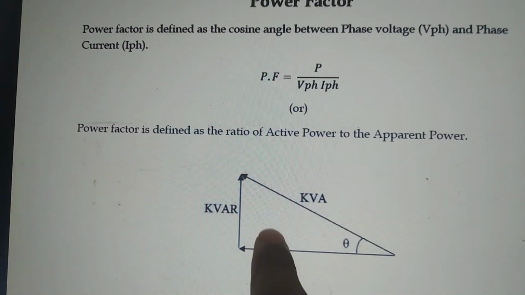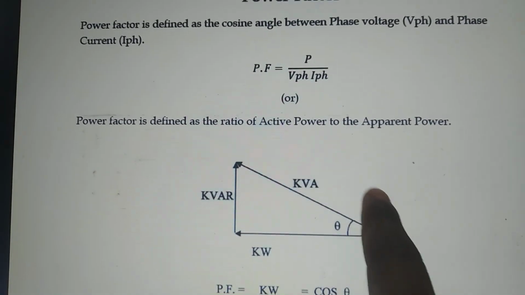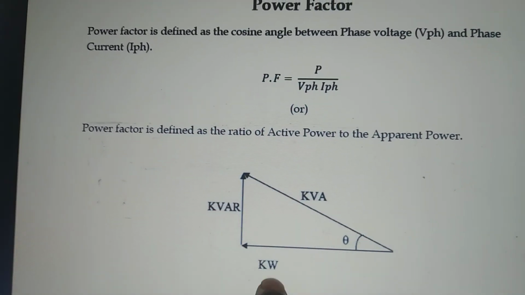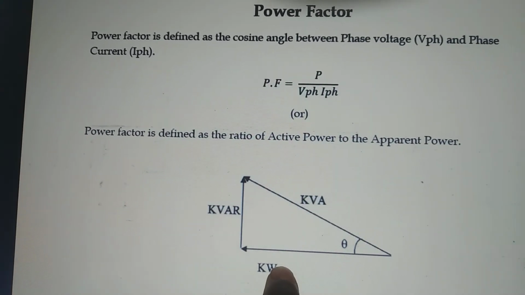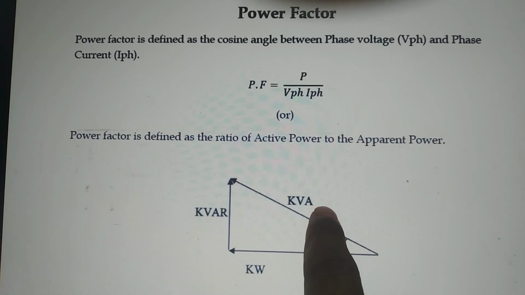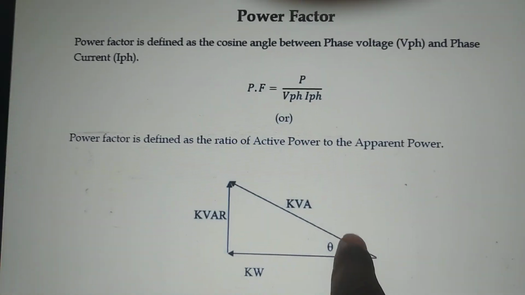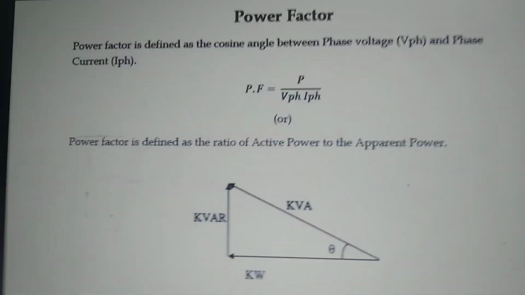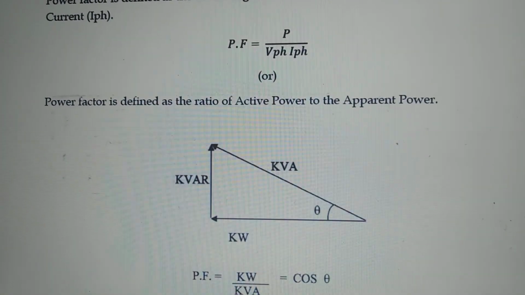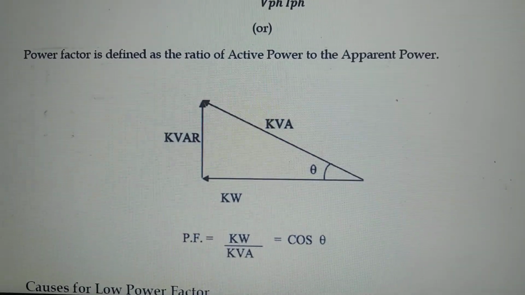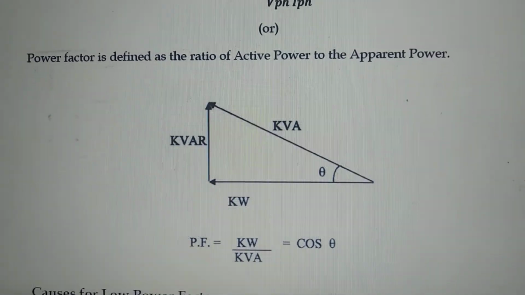When we see this diagram clearly, we can call it the power triangle. In this power triangle, this is active power, reactive power, apparent power. This is the angle. And we can call this power factor as the ratio of active power to the apparent power.